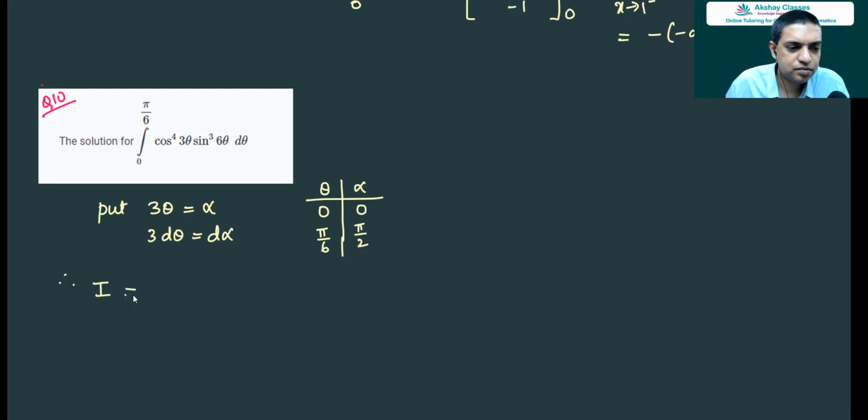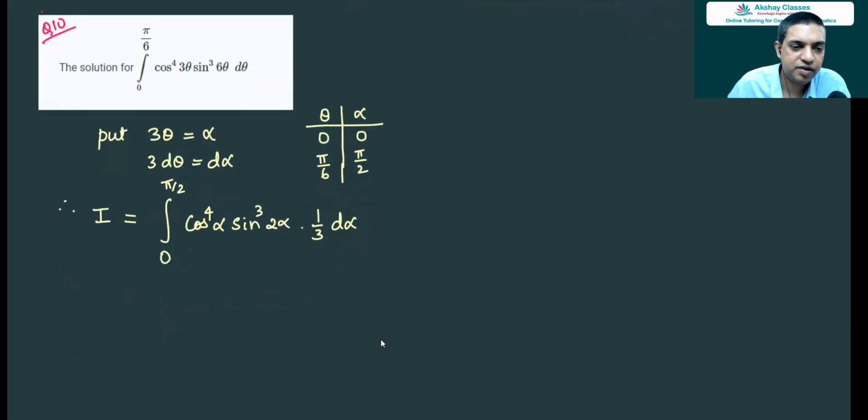So I is integral 0 to pi by 2 cos power 4 alpha into sine cube 2 alpha times d theta, which is 1 upon 3 d alpha. We have converted this. Now write sine 2 alpha as 2 sine alpha cos alpha.